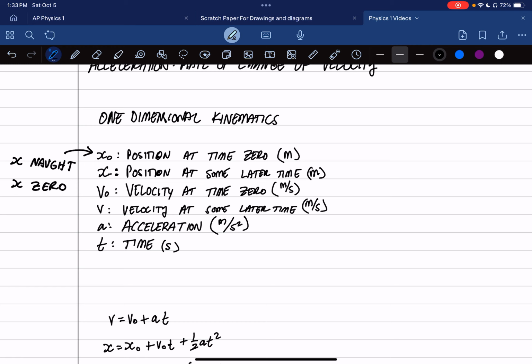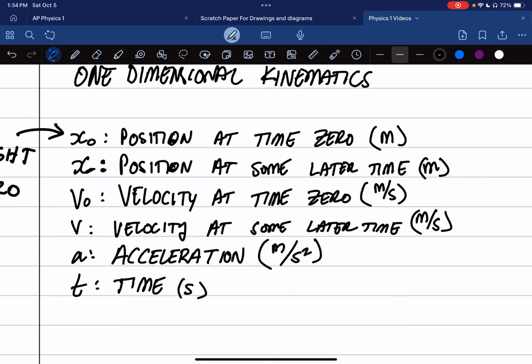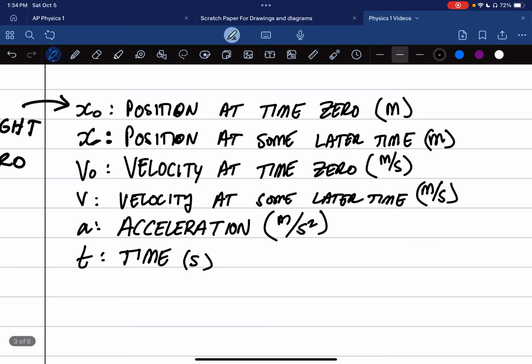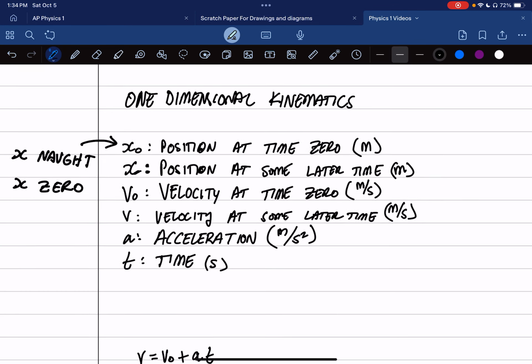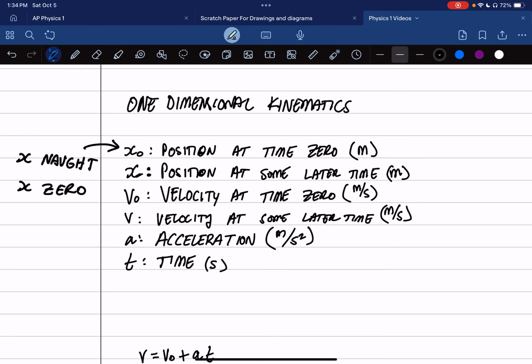X by itself is the position at some later time. V naught is the velocity at time 0, or the initial velocity, sometimes we'll say. V is the velocity at some later time. A is the variable for acceleration, and T for time.